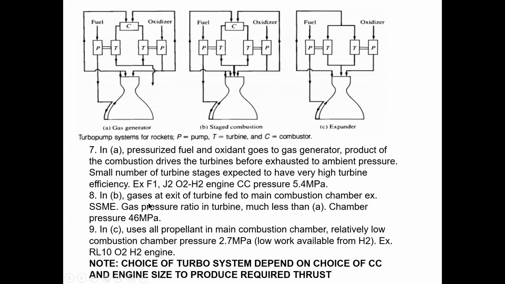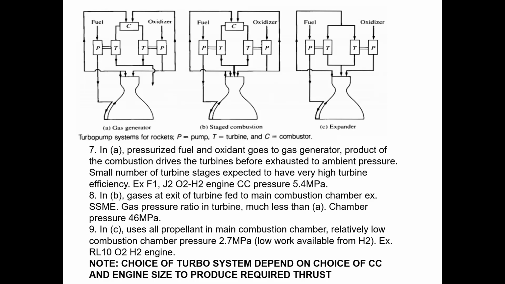And then the third one is the expander system. Here you are using all the propellant inside the main combustion chamber. So it's simpler: you directly use a turbine to pump the fuel and the oxidizer into the combustion chamber.